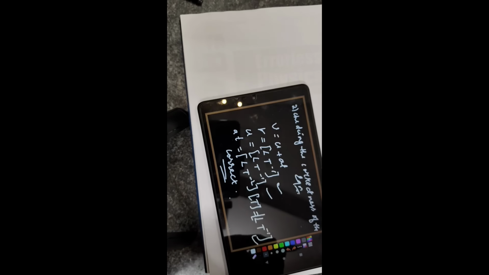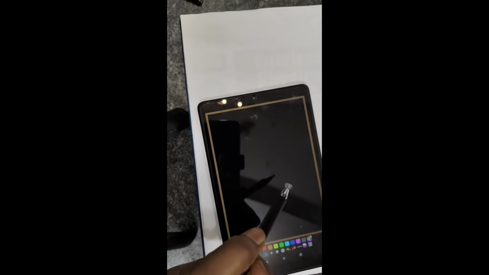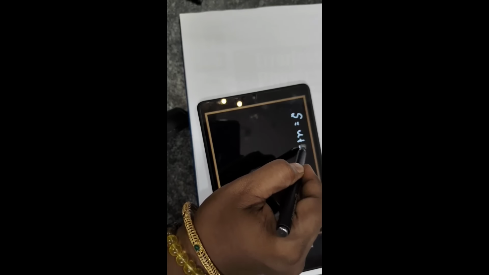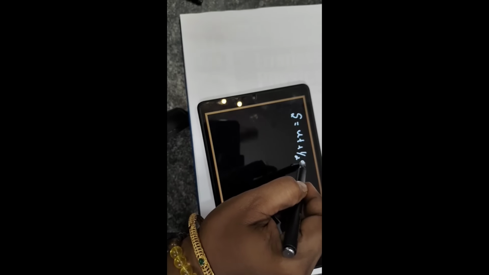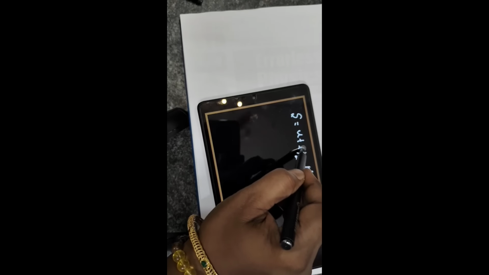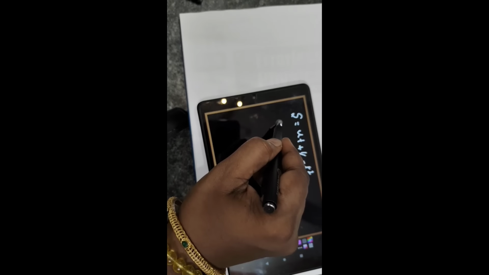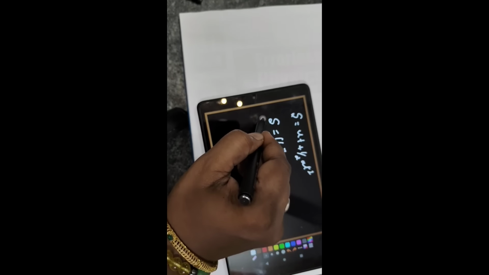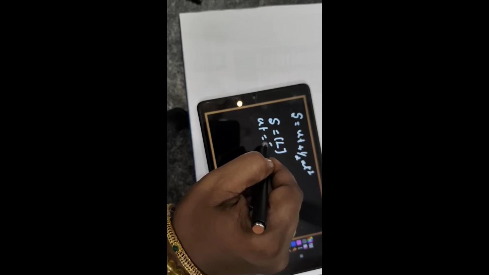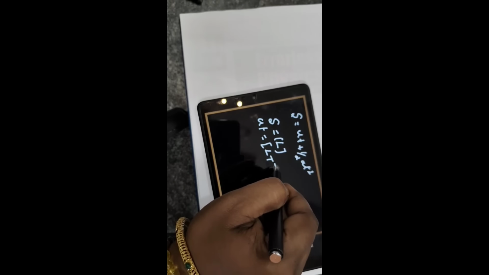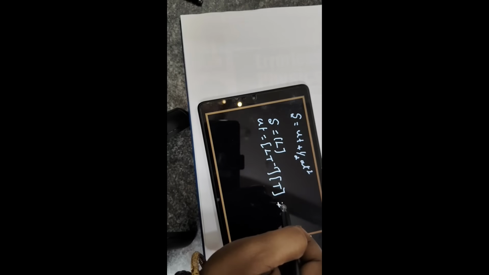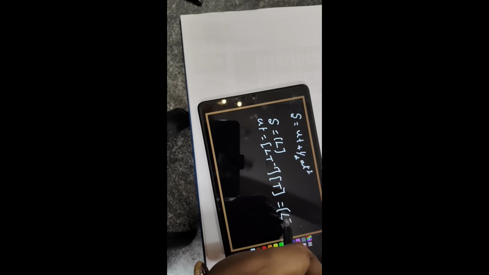One other example I will give for correctness. Let us take S is equal to ut plus half at square. The constant values we cannot take the dimension of. So first S is L, ut is L t raised to minus 1 into T, so it will be L only.